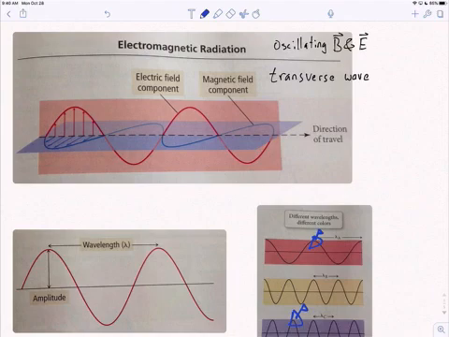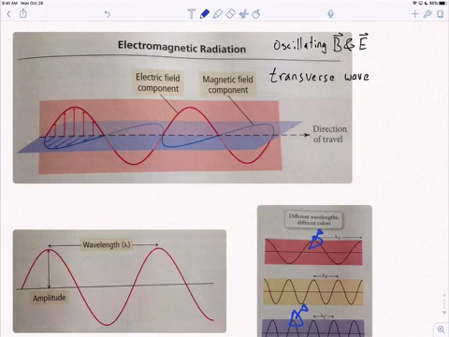And we mentioned sound. Sound is a longitudinal wave. The motion of the air molecules is this way, the same direction that the sound is moving. And light and other forms of electromagnetic radiation are transverse waves, made of oscillating electric and magnetic fields.